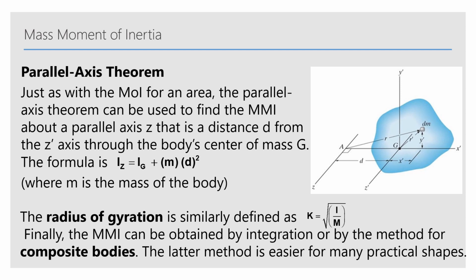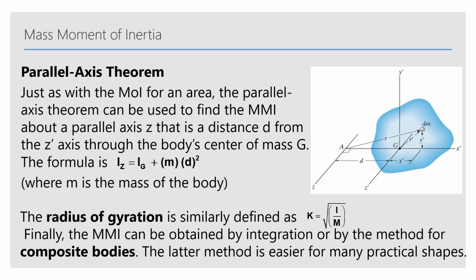Bringing back what we learned from the parallel axis theorem, just as with the moment of inertia for an area, the parallel axis theorem can be used to find the mass moment of inertia about a parallel axis z at a distance d from the z' axis through the body center of mass G. This formula is shown as I_z equals I_G plus m times d squared, where m is mass.